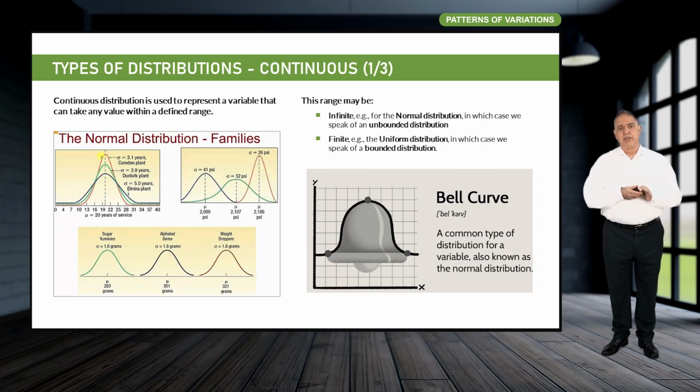We're referring to a family of distributions, and each member of the family has its own mean and its own standard deviation. So in the figure, we can see a number of distribution curves that have the same mean, but different standard deviation, different variance. And also, we have some other examples where you may have the same variance, but different means.